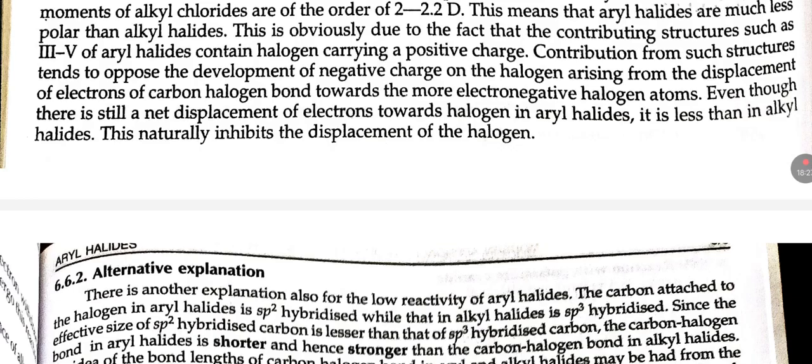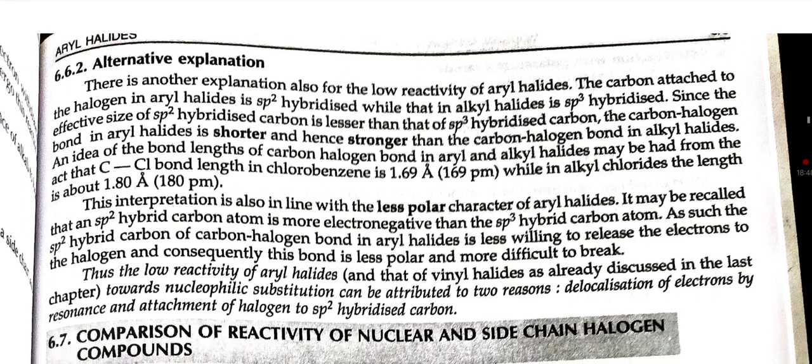Even though there is still a net displacement of electrons toward halogen in aryl halide, it is less than in alkyl halide. This naturally inhibits the displacement of the halogen.